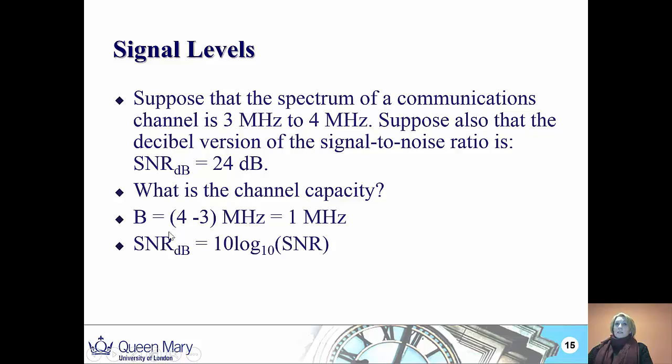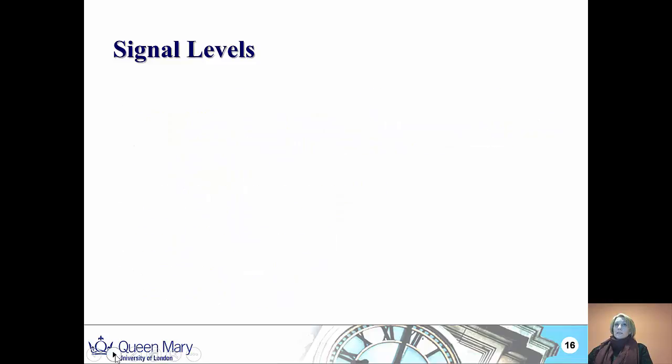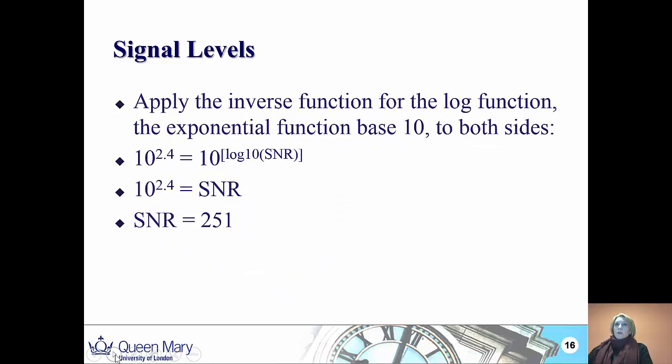We want to convert our signal to noise ratio, which is measured in decibels, into the actual signal to noise ratio. So we plug in our numbers and we come out with a signal to noise ratio of 251.